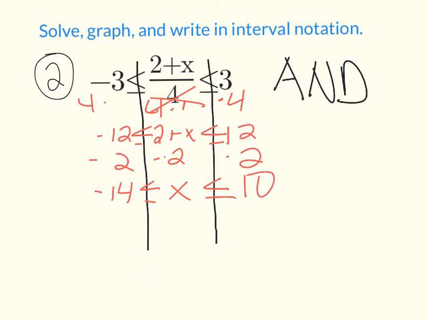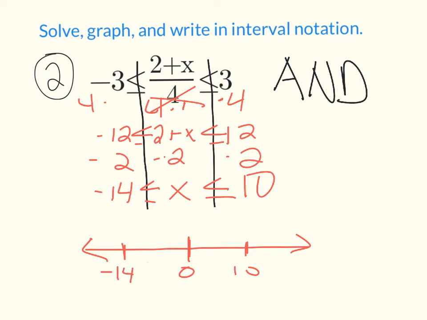Now, it's an AND because you'll see here in a bit what happens when we do our shaded region. So when I get my graph started here, let's say 10's about here in relation to 0, but negative 14's a little further away.